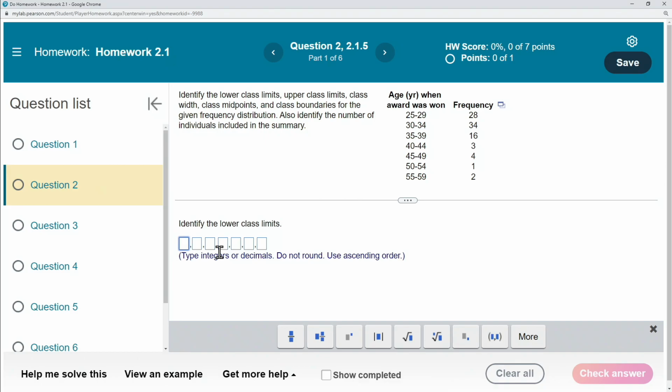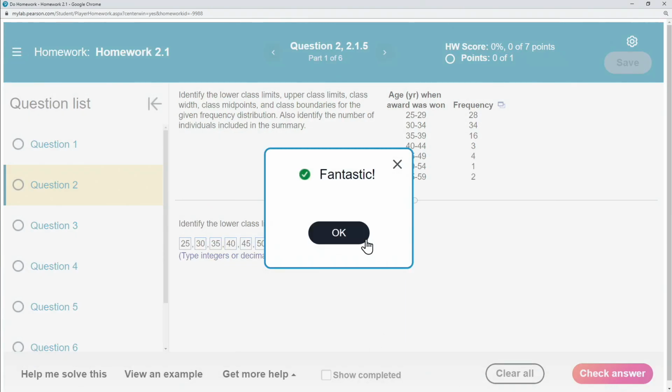In order, we start with 25, and then 30, 35, 40, 45, 50, and then the last lower class limit is 55. So that's pretty straightforward. You type that into all those boxes, and then you click check answer in the bottom right corner of the screen. Fantastic, that means we got that part right.